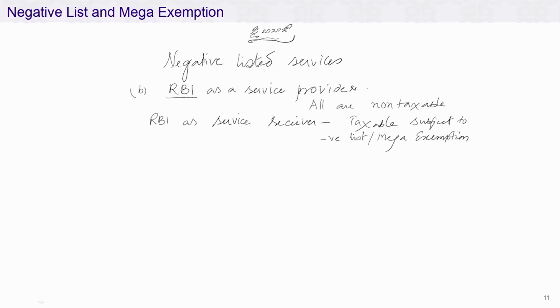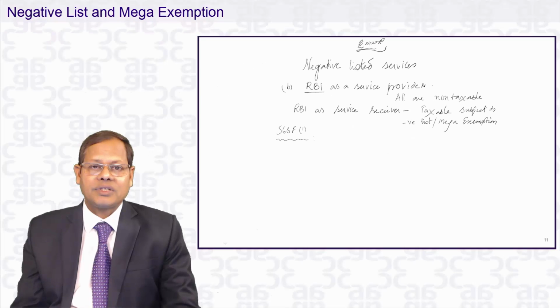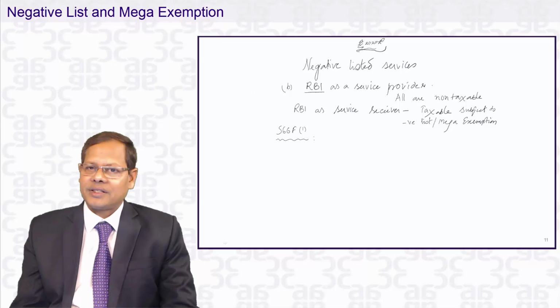And if you look at section 66F, clause 1, there is a very important principle of interpretation. What is that? It says, any service provided to complete a negative listed service or mega exemption service does not by itself become negative or exempt.